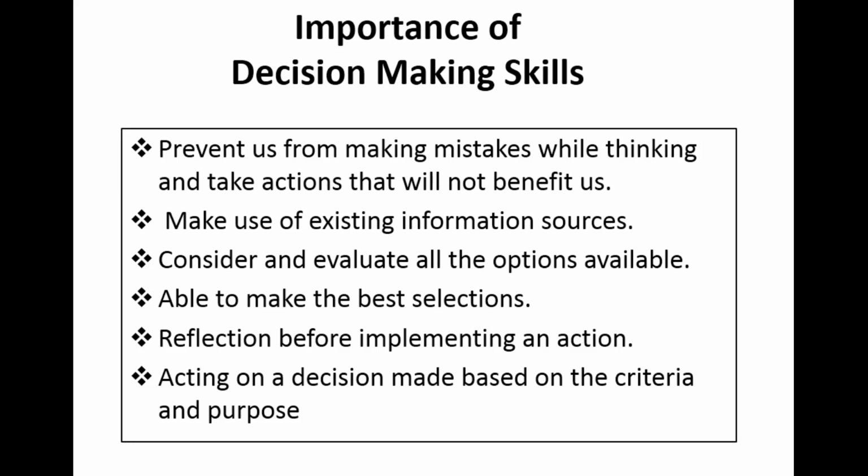There are a lot of options. Number four, able to make the best selection. That means you will see a more reliable and good choice for you. Reflection before implementing an action. And the last one is acting on the decision made based on the criteria and purpose. That is why decision making skill is important for us.